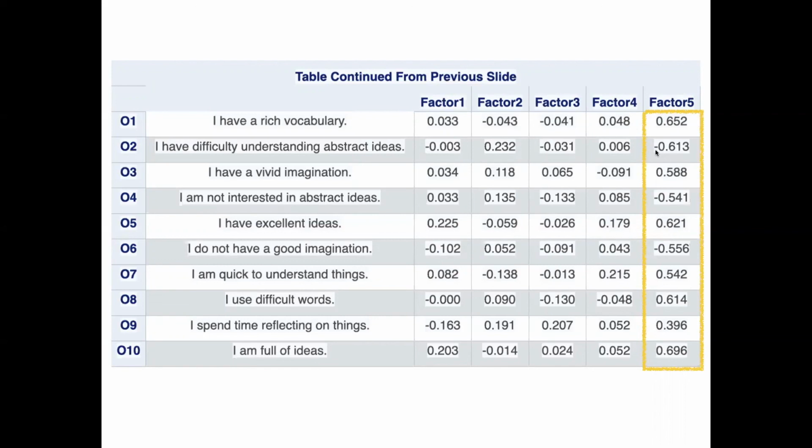So someone who is more open, who has a higher score on factor 5, should have a more negative score on this question, right? Because they would not be as likely to say this. So you get this mix of positive and negative questions, and that just shows what you expect from someone with a high score on that factor.